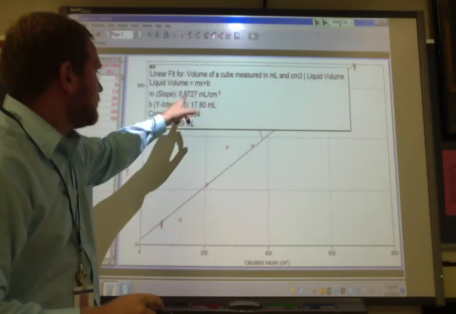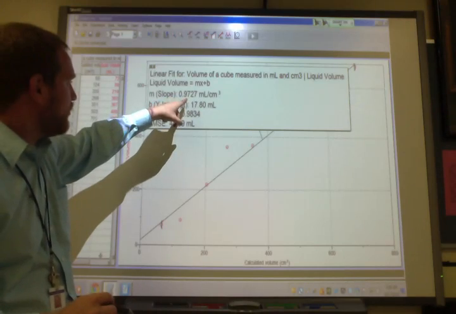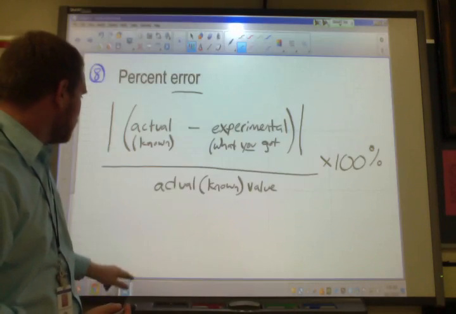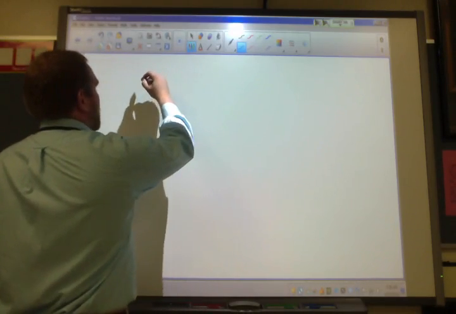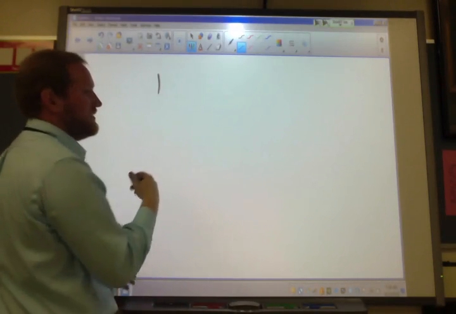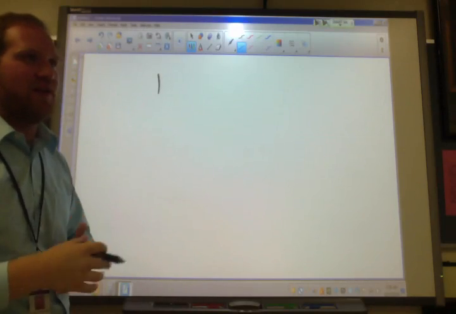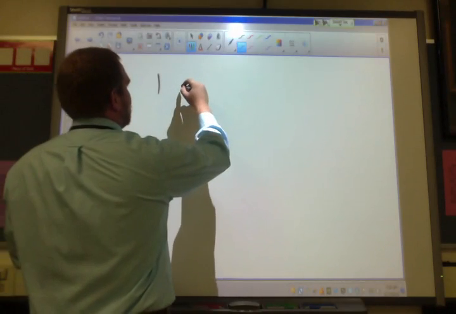So the ratio here is your slope. It's this divided by this. It should be 1, and we were close, 0.9727. So let's run a percent error calculation for that. So my actual or known value is 1. And in this case, we could just say 1 sig fig, but it's really like infinite. It's like 1.0000 forever.